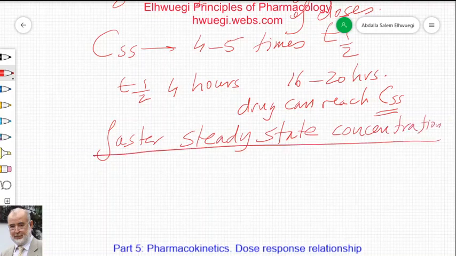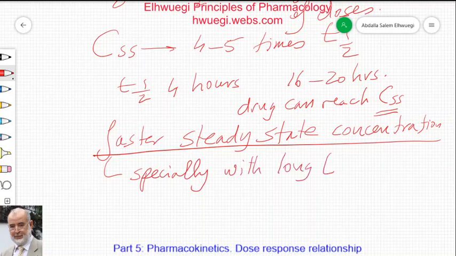Some drugs have very long T-half. In that case, it will take many days to reach a steady state concentration.